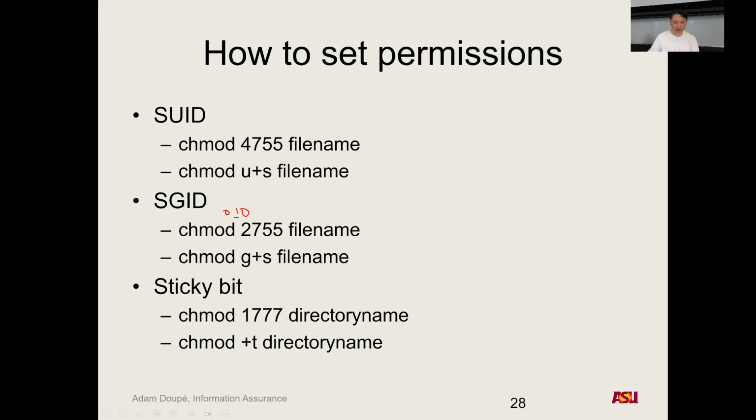So the second bit is set, that means the group ID. Another way in symbolic mode: plus S in the group place sets the setGID. Sticky bit, so plus T or 1.